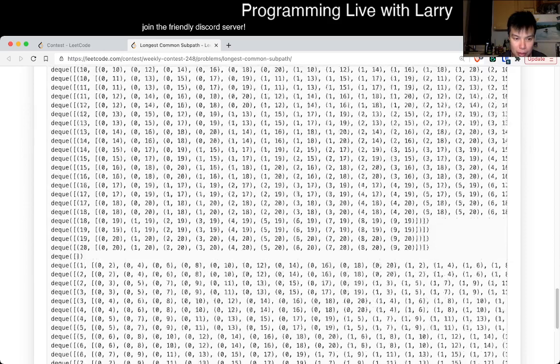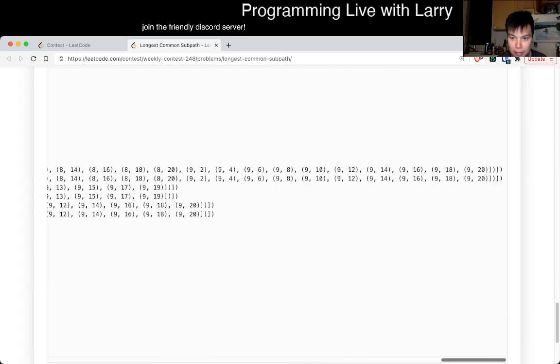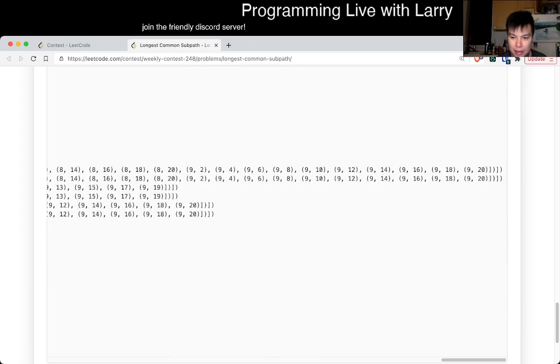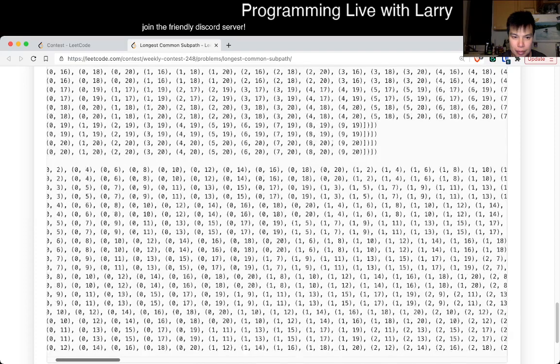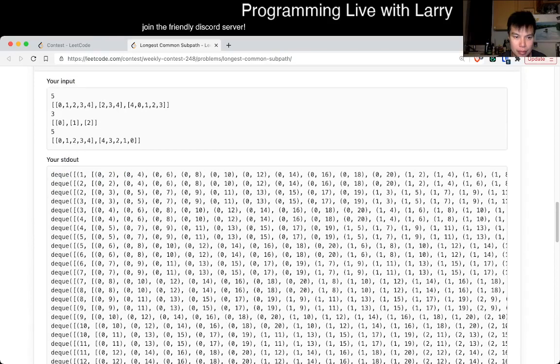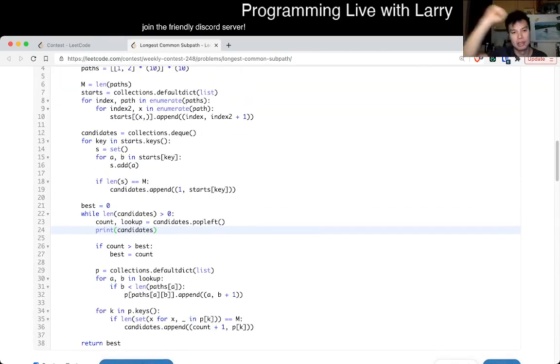There's way too many elements in this. How do I process this in a smarter way? Because now this becomes n square.